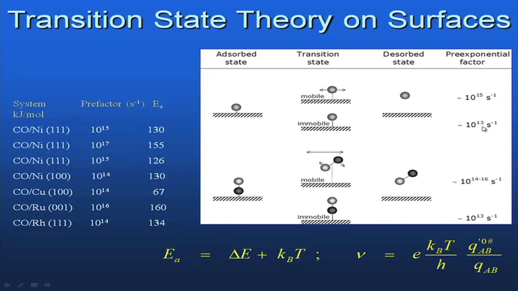So, basically, you see that for the immobile case the prefactor is less, but if it is mobile, then the prefactor is high. What about a diatomic system? It can have mobility, or it may not have mobility. If it is mobile, then from the adsorbed state it will have a rotational motion, or maybe a translational motion.